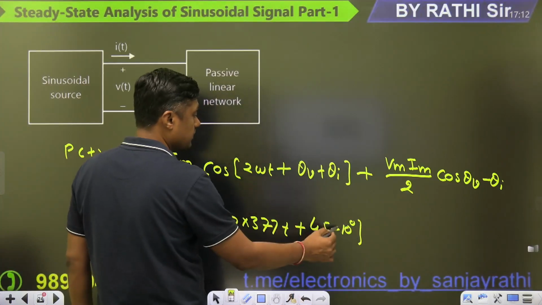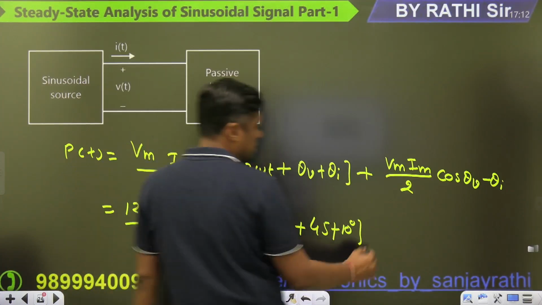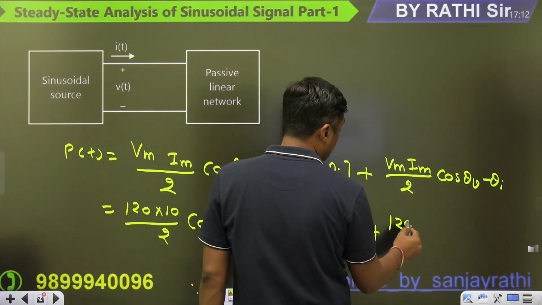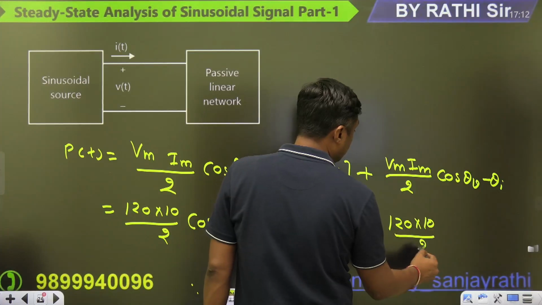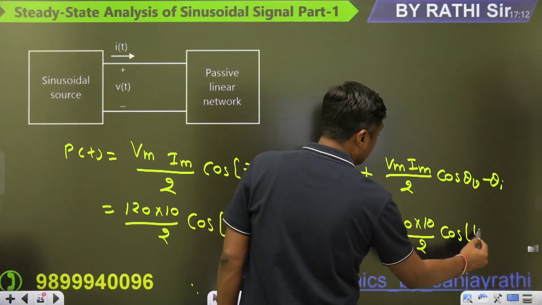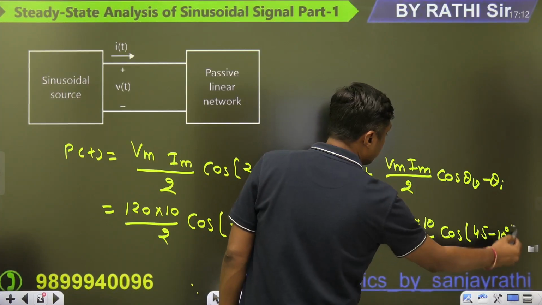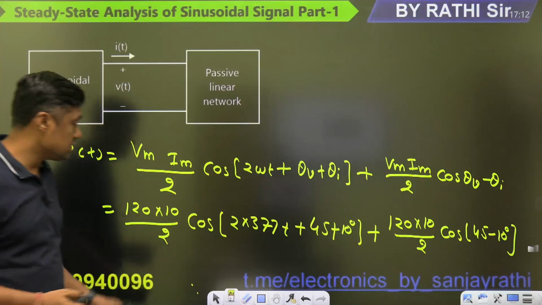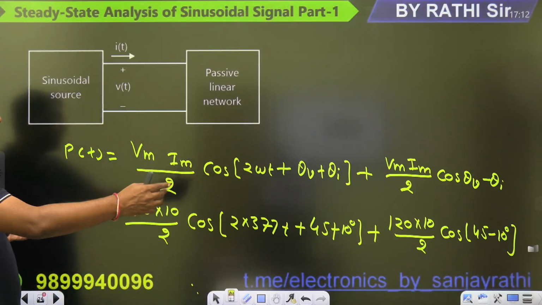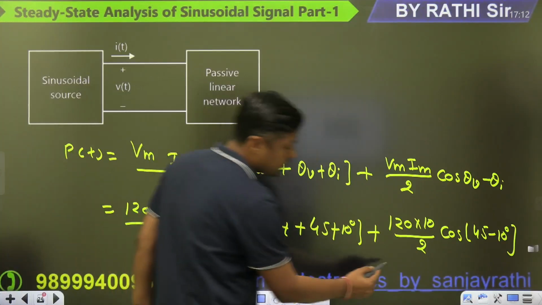This is plus. Okay, plus 120 into 10 divided by 2 cos of 45 minus 10. Finished. Directly you can find it. The complete power is called instantaneous power, and that is called average power.